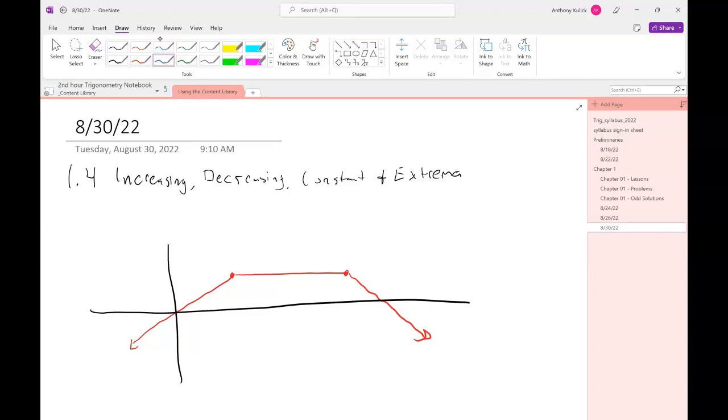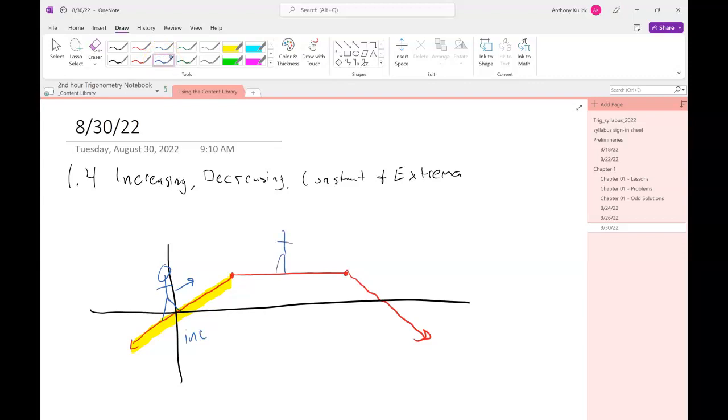If we imagine that there's a little person that's walking along our function from left to right, when that person is walking uphill, that is where the function is increasing.